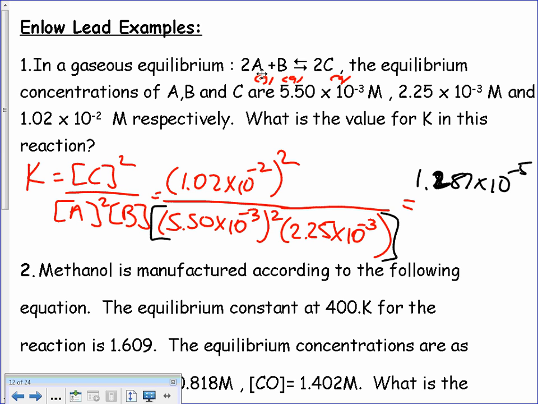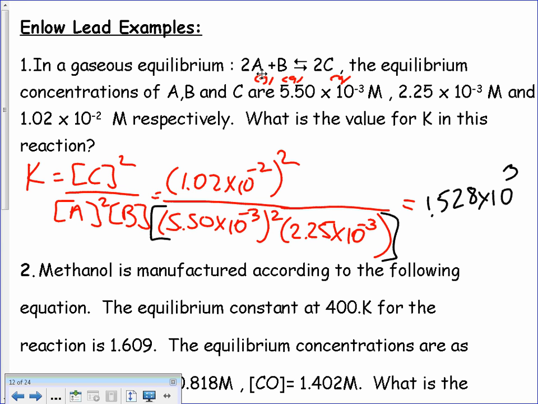Anybody else get that? It's hard to put these in. You have to practice. I have no idea; I have to check. My calculations are in my book someplace. That could be right, but I have to double check. 1.528 times 10 to the third. Anybody? I'm going with that one.